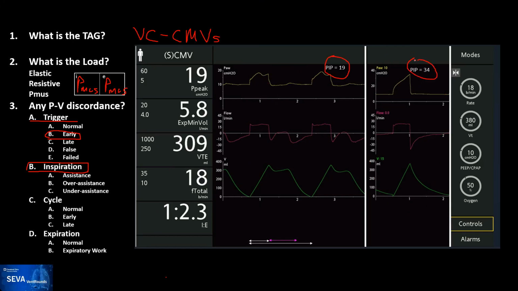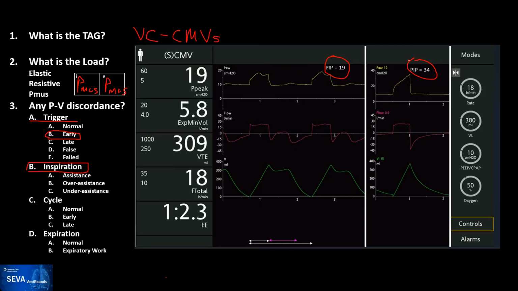Right. And so the question is, if it was over assistance, what would we see? The ventilator is doing too much work, more than the patient needs. What would we see there? Rob, can the vent do more than 100% of the work of breathing?